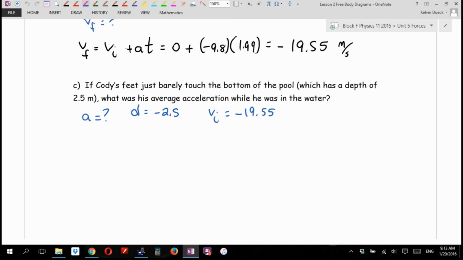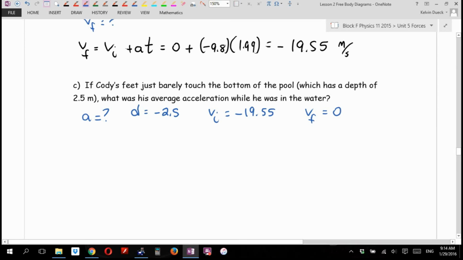What else do I know? What? Why? I said, just barely touch the bottom of the pool. I think what I'm saying is, just as he touched the bottom of the pool, that's when he came to a stop. Is that okay?